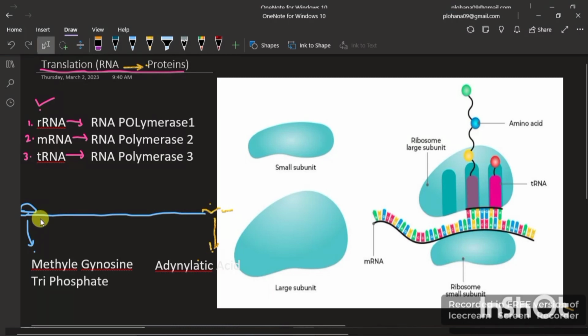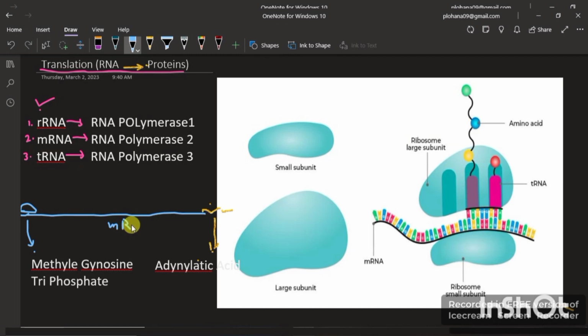And this one is what? This is the mRNA, which is carrying information about the amino acids. So this is the structure of the messenger RNA. As the name suggests, it will give a message to another RNA for bringing the amino acids. So it has all the information about the amino acids.